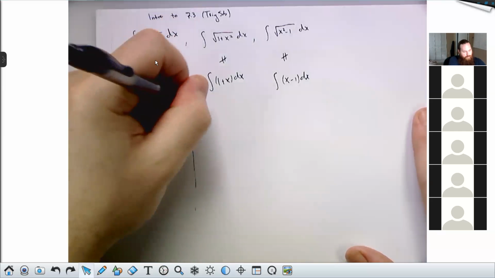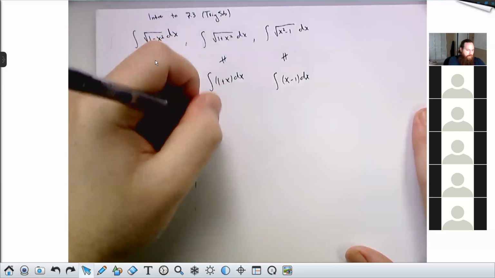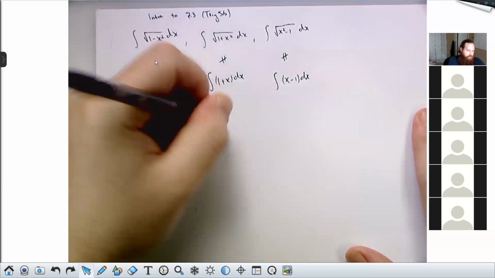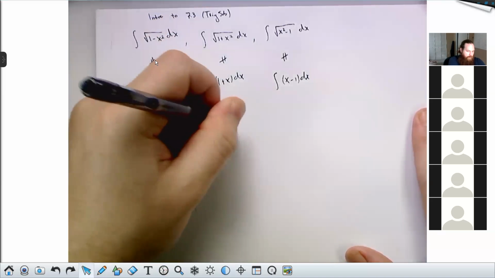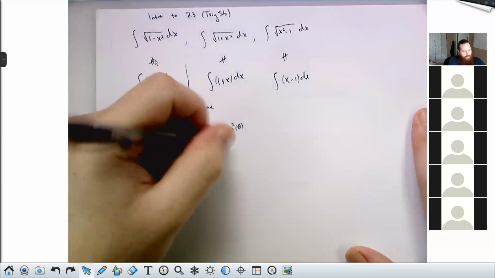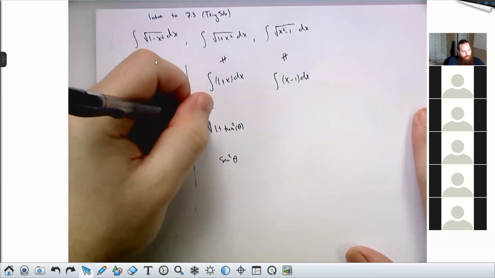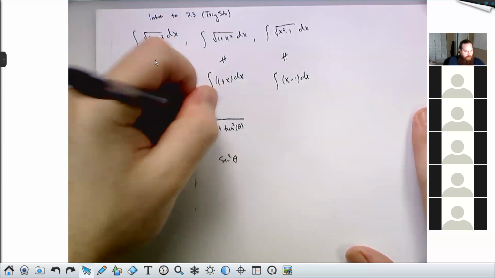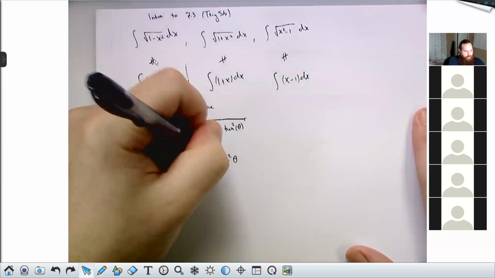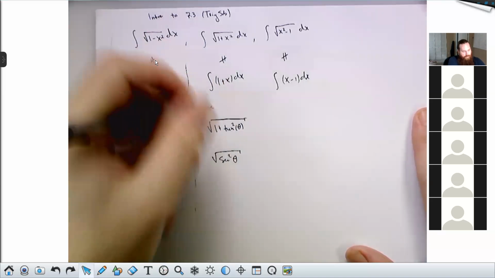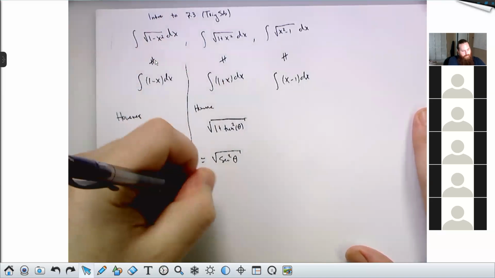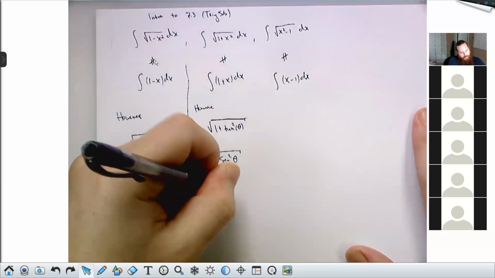Similarly here, 1 plus tangent squared of theta is secant squared theta. So the square root of 1 plus tan squared theta is the square root of secant squared theta is secant theta.